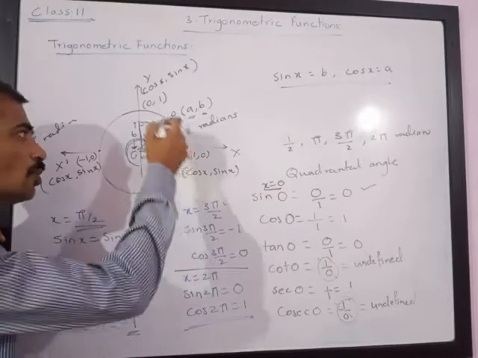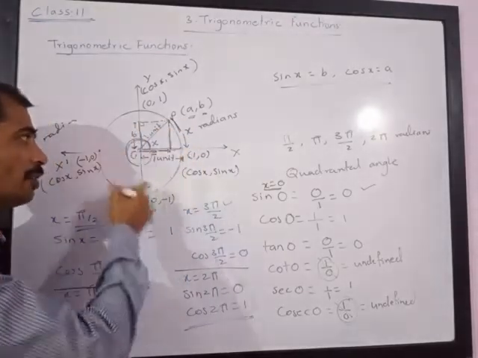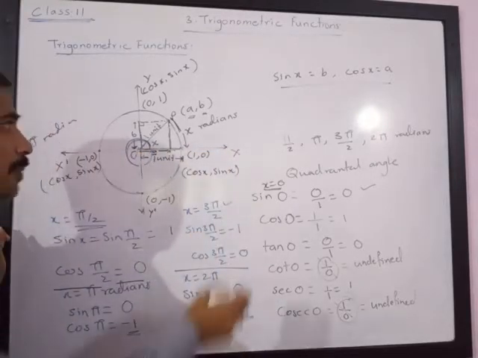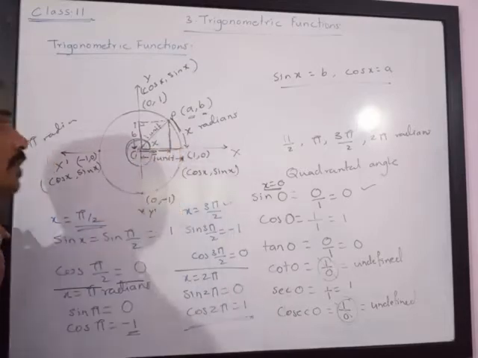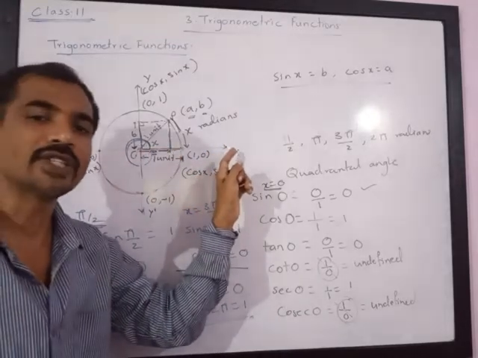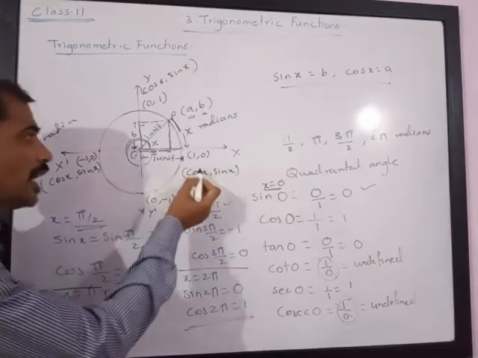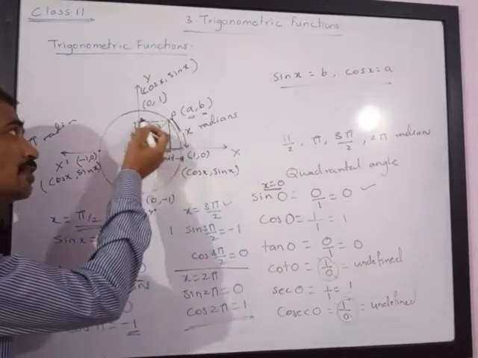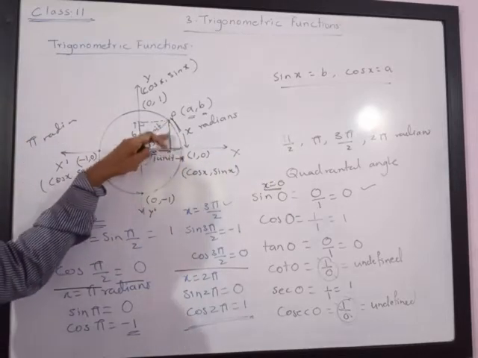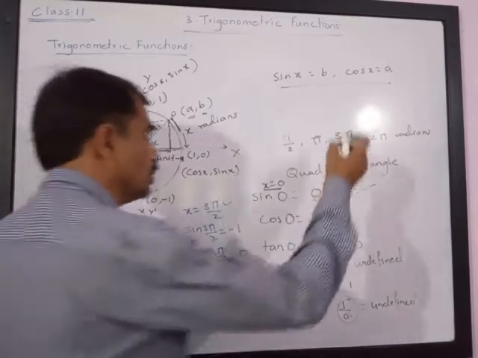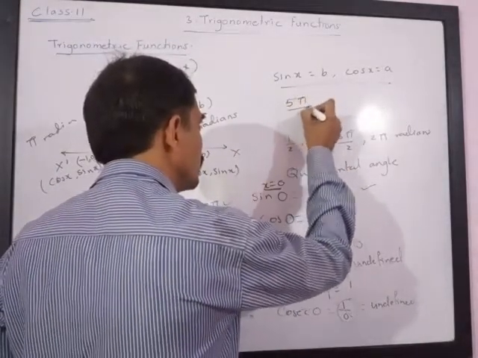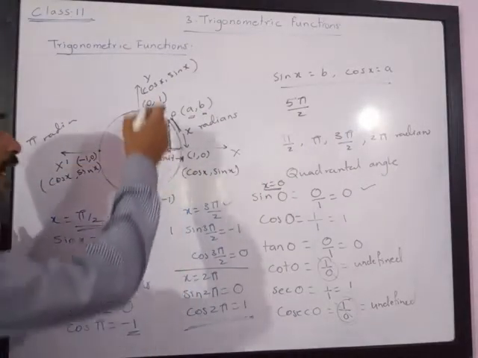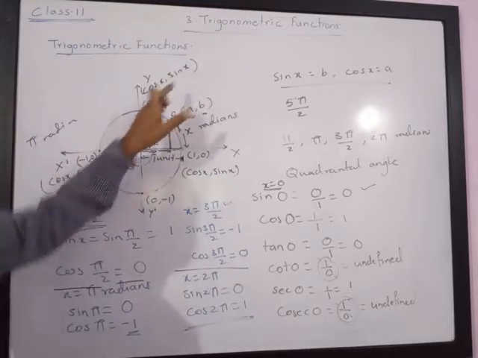When the terminal arm becomes 2 pi, after a full rotation it becomes 0, that is the terminal arm and initial arm lie on the positive direction of the x-axis, and cos x again becomes 1 and sin x again becomes 0. If you increase by pi by 2, you get 5 pi by 2, and again cos x is equal to 0 and sin x is equal to 1.